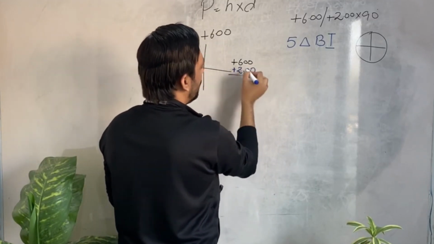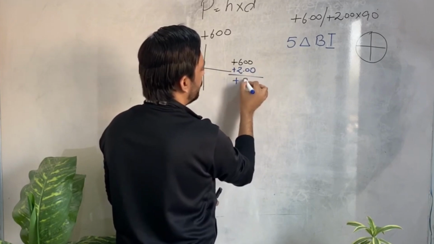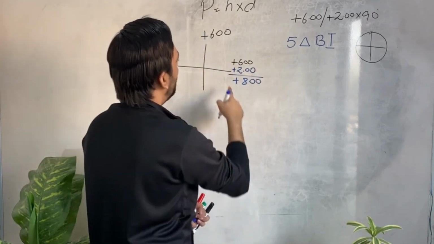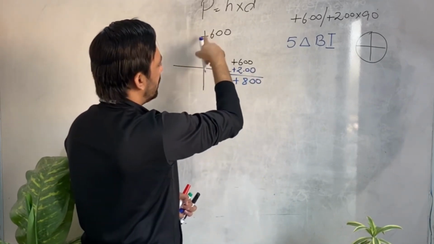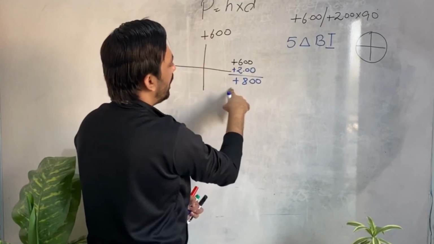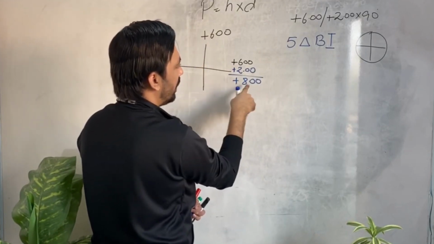Collectively it will be +8. So right now we have +6 at 90 degrees and +8 at 180 degrees.